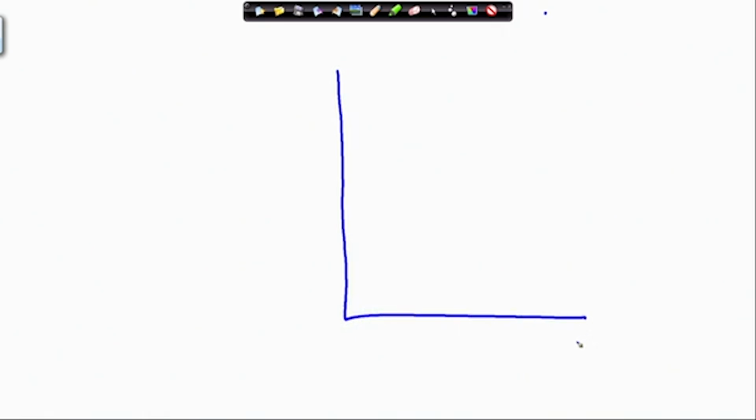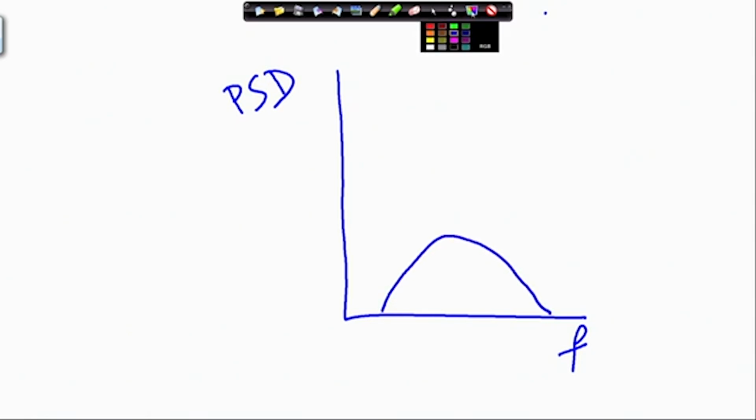We are looking at the frequency domain plot, and here we are drawing the PSD, and for that here is the signal spectra, some arbitrary spectra we have taken, and let us take that there should be some noise spectra also. This is the low frequency one.